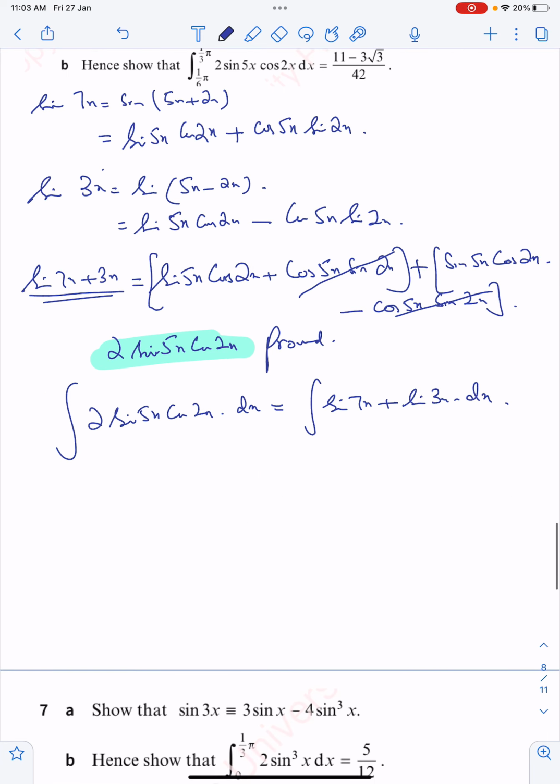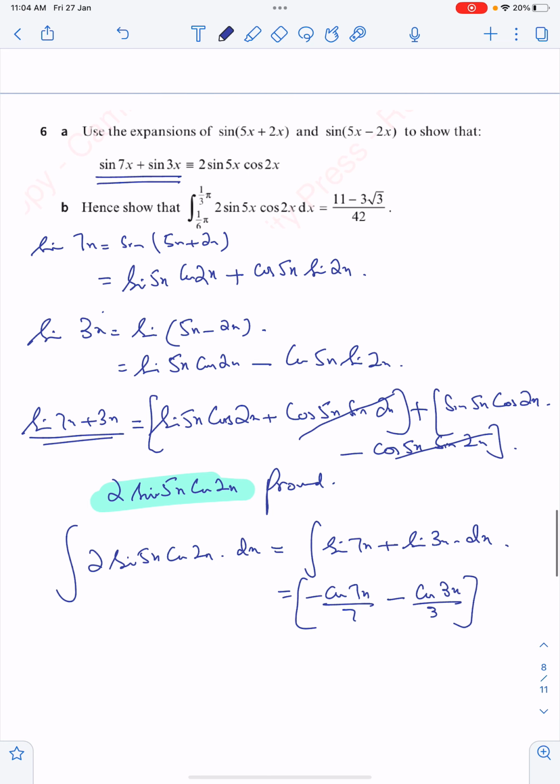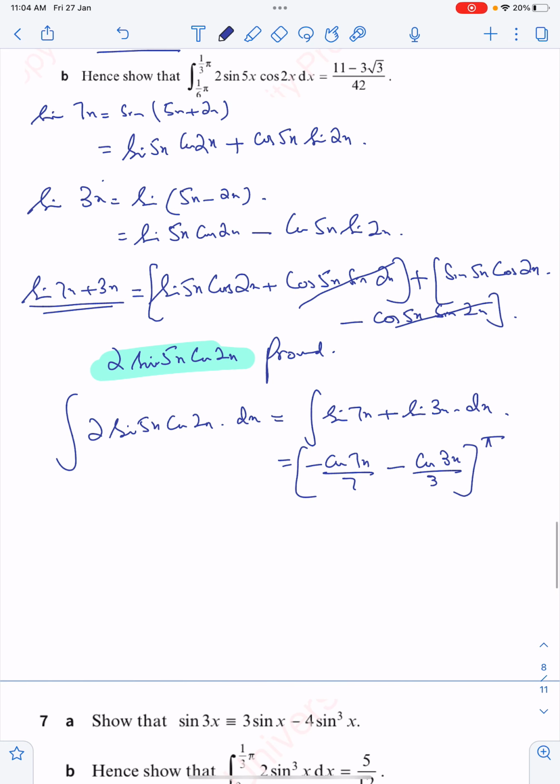Okay, so if I integrate this, sine of 7x will be minus cos of 7x divided by 7, plus sine of 3x would be negative cos of 3x divided by 3. I have to put the boundaries of pi by 3 and pi by 6 on it.